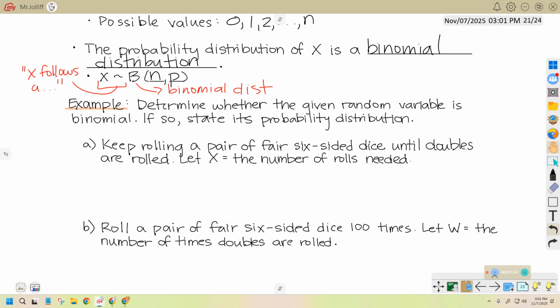You should talk to each other. Articulate what it is you are thinking. You're checking four things, right? Bins. You're checking bins. So the first question is, if you roll a 6-sided dice and you're looking for doubles, what are the 2 possible outcomes?